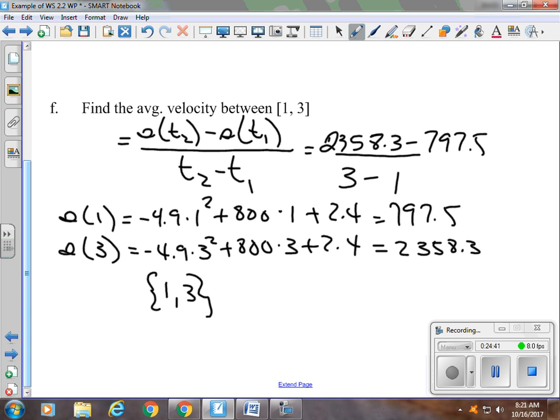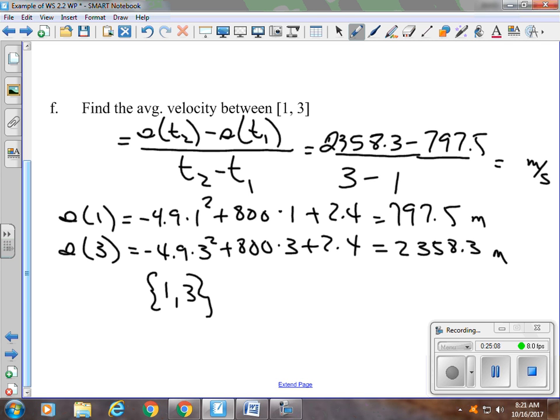And again, these units are meters because we're finding the position using the gravity that's meters over seconds squared. So these positions are measured in meters. So when we calculate the average velocity between these two, it will be in meters per second, because the top units are meters and the bottom units are seconds.